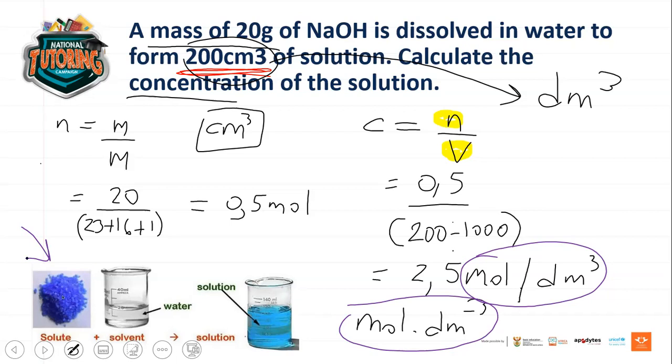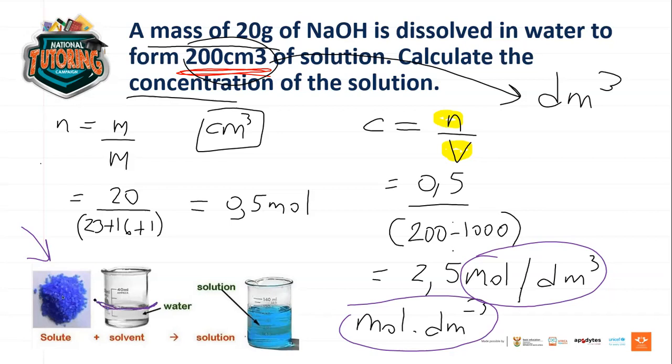So think about your Oros or whatever juice that you mix at home. This is your solute, and the water that you put it in is your solvent. And that mixture together is called a solution. Okay, and what is the volume that we are talking about? We're talking about the volume of that water that is in that solution. So that volume there, we would have to know how much that is.